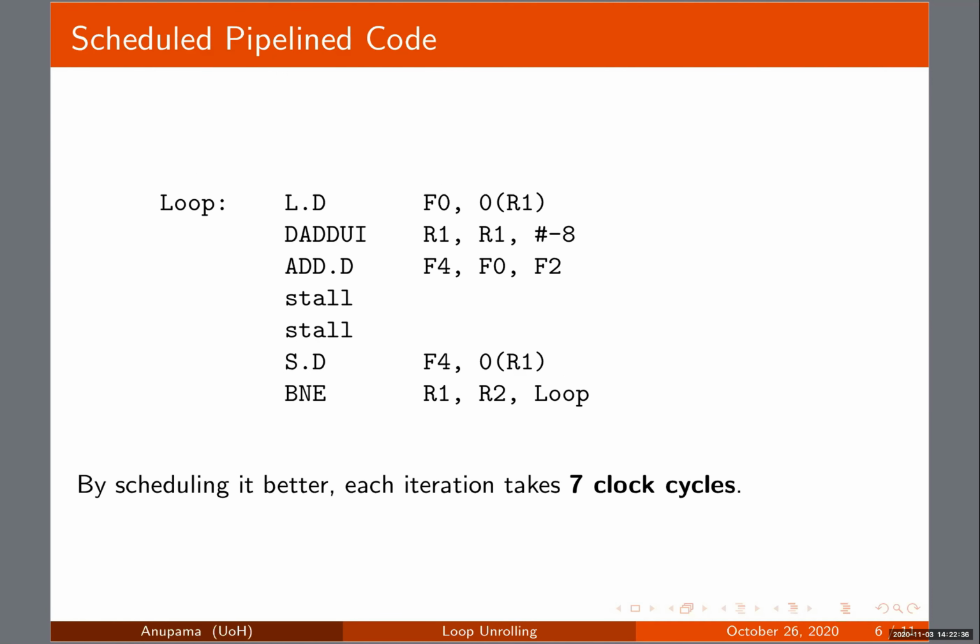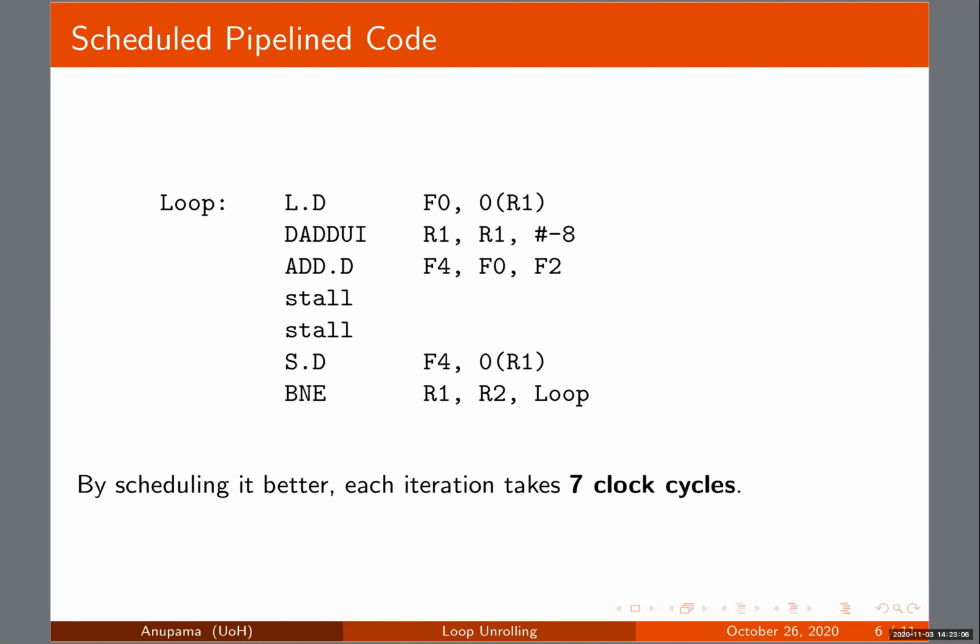I think there is one mistake here in this slide also. I would say the store D should be 8 of R1 because we did a DADDUI R1 minus 8. We are supposed to bring an element of the array from the memory into the register, modify it and store it back into the same location.